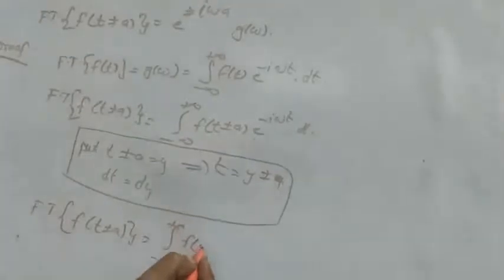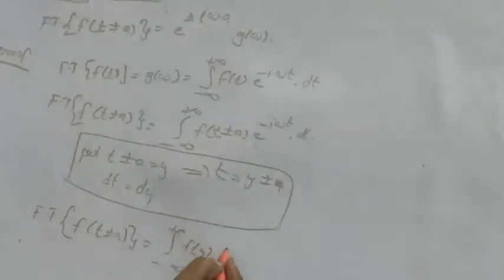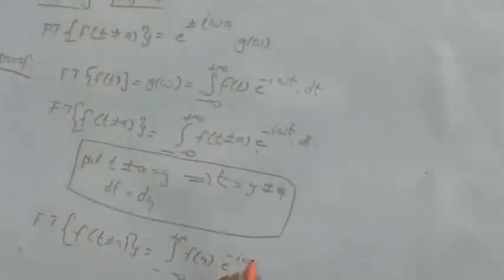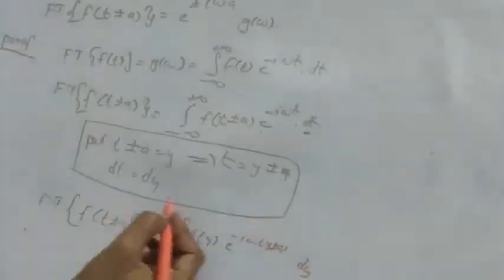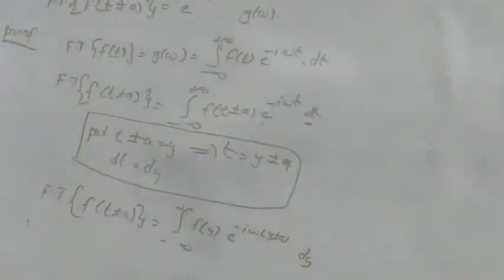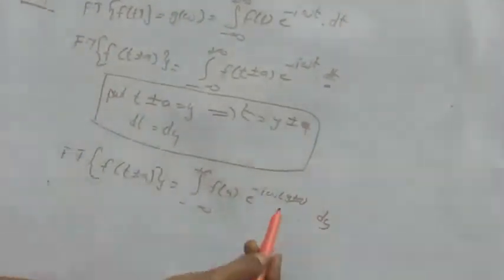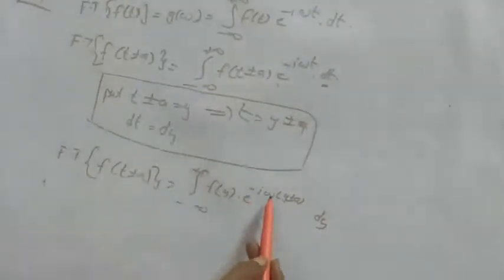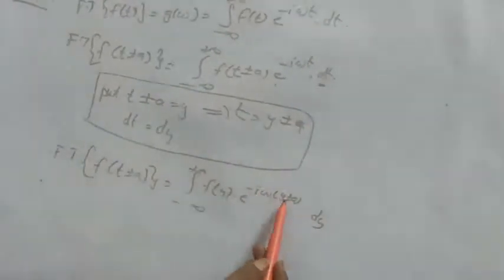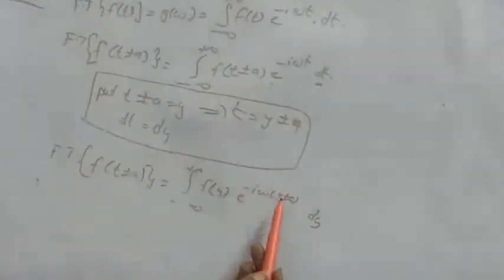It's nothing but y, into e power minus i omega, and what is the t value? y minus or plus a, into what is the dt value here? dy. Now, this whole equation is in terms of the function of the y parameter. Now, you separate these two terms. Okay, this exponential term is applicable for minus i omega y as well as i omega a also.